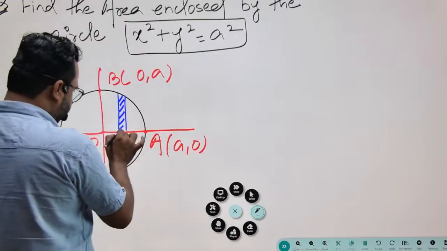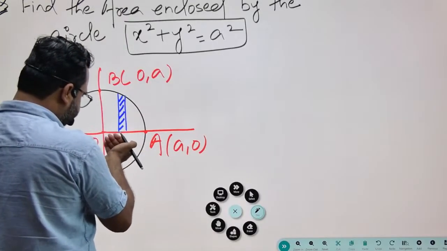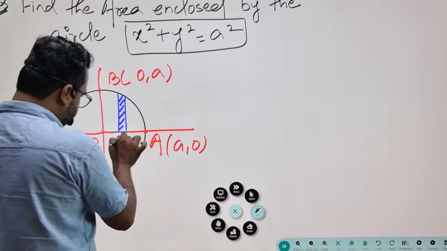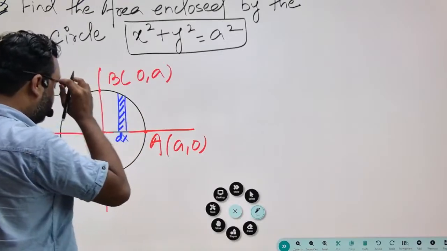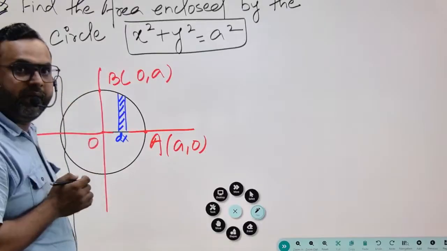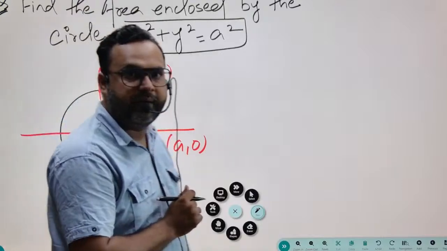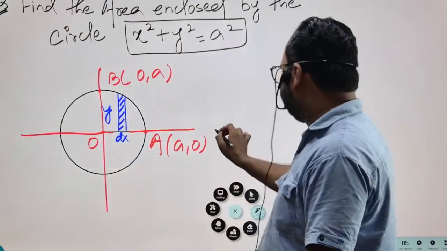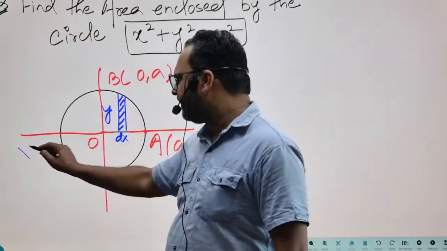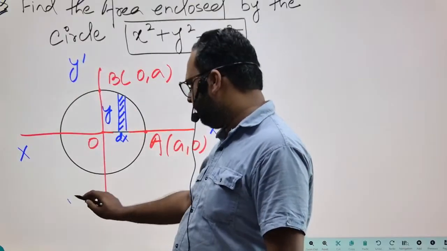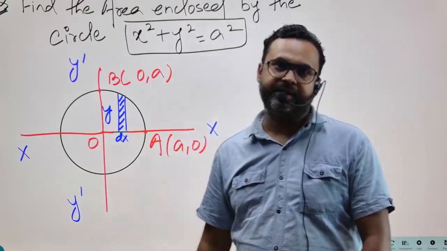Let the distance be dx, and the length we take as y. This is y, clear? Now this is x dash, and we have y dash.